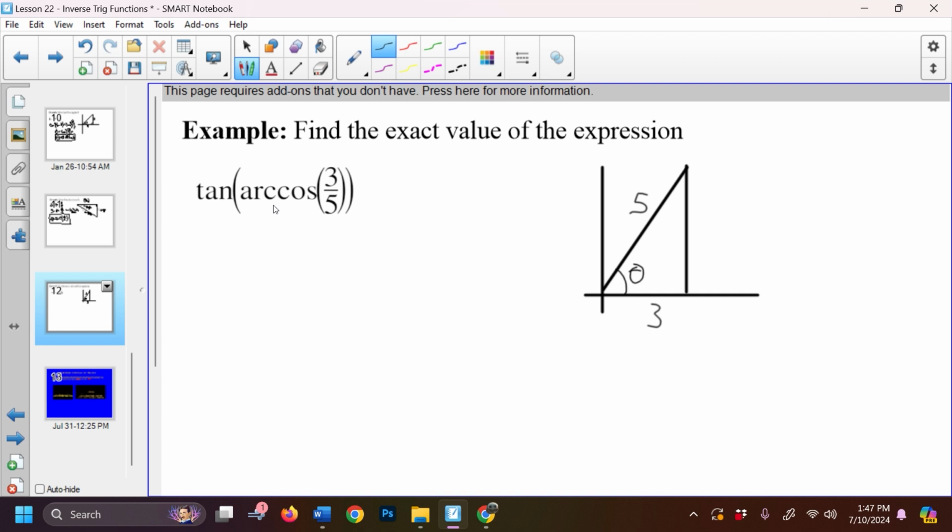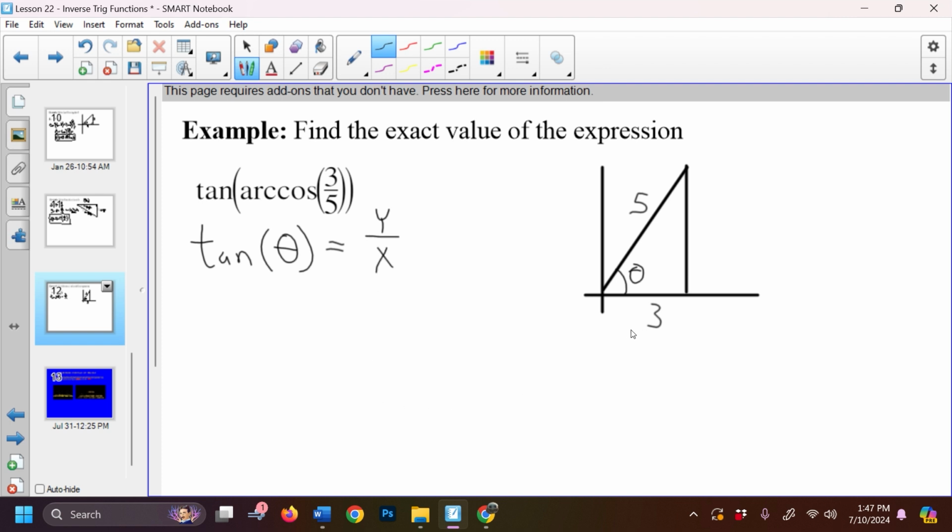Remember what the inverse trig functions do. They take ratios and they give you angle measure. And so this literally reduces down to the tangent of theta. And that angle right there is this angle right here. And again, I don't need to know what that is because the tangent says find the ratio of the y value to the x value.